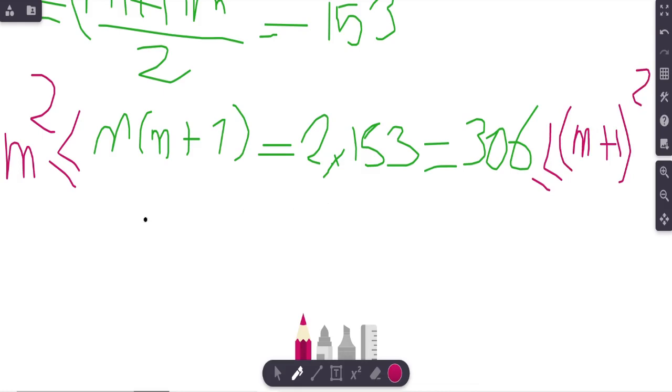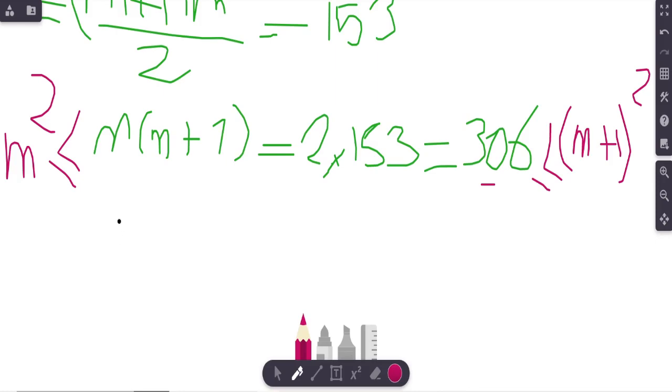Alright, so the goal is to find the two consecutive numbers n and n plus 1 such that n squared is inferior to 306 and n plus 1 squared is superior to 306. Okay, so let's try some squares of whole numbers.